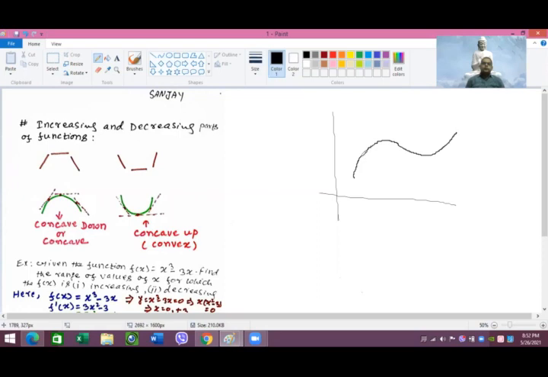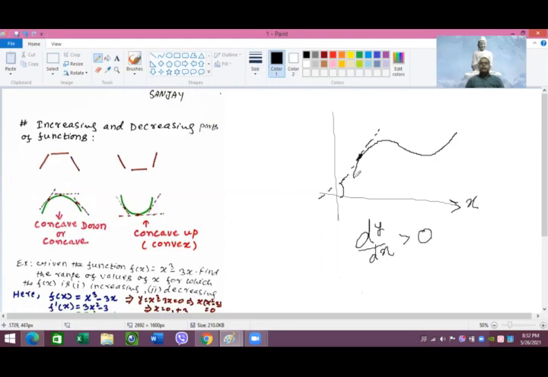So if you draw the tangent at this point, you can see that this tangent makes an acute angle with the x-axis. That means the gradient at this point, dy by dx, is positive, that is greater than 0.